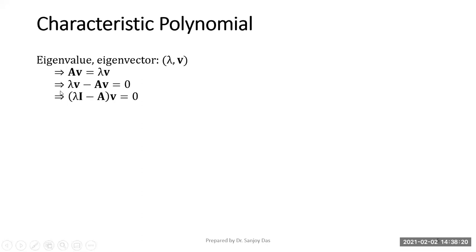Because a matrix times a vector is basically the weighted sum of the columns of the matrix, with the weights being the elements of V. If this weighted sum is equal to 0, it means that any one column can be represented as a linear combination of the other columns, whence the columns are not linearly independent.